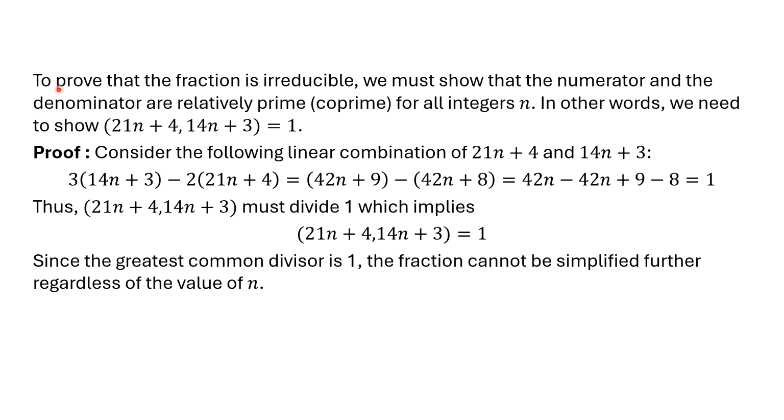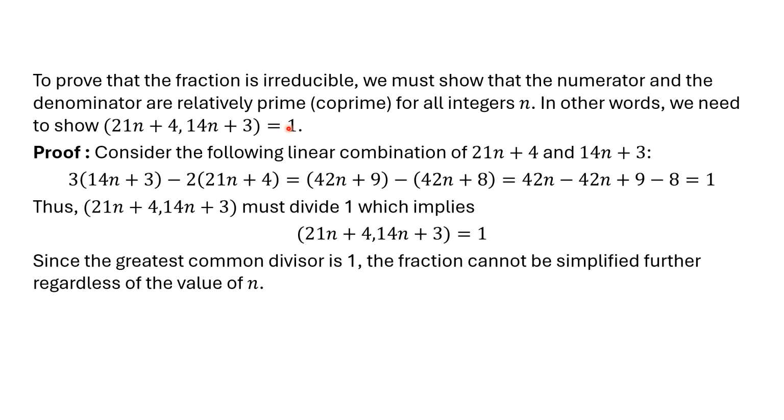Okay, here's the first solution. To prove that the fraction is irreducible, we must show the numerator and the denominator are relatively prime, coprime, for all integers n. In other words, we need to show that the GCD of the numerator and denominator is equal to 1.